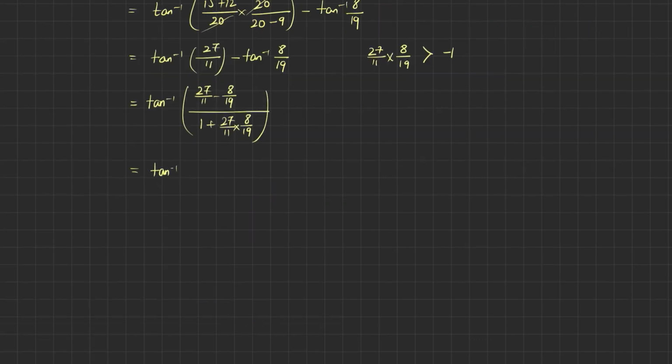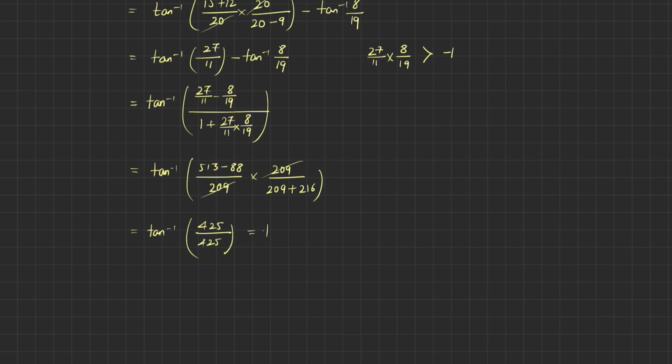If I take the LCM of 11 and 19, it will be 209, and in the numerator it will be 513 minus 88 times 209 over 209 plus 216. So it will be equal to tan inverse of, 209 gets cancelled, so 425 over, if you add 209 and 216, it will also be 425.